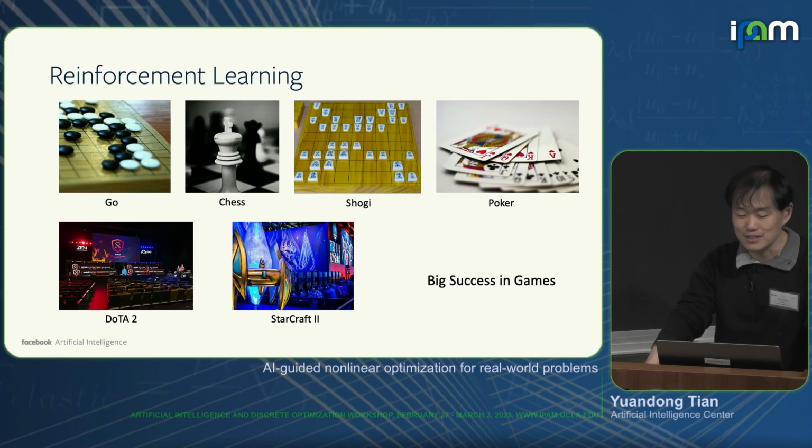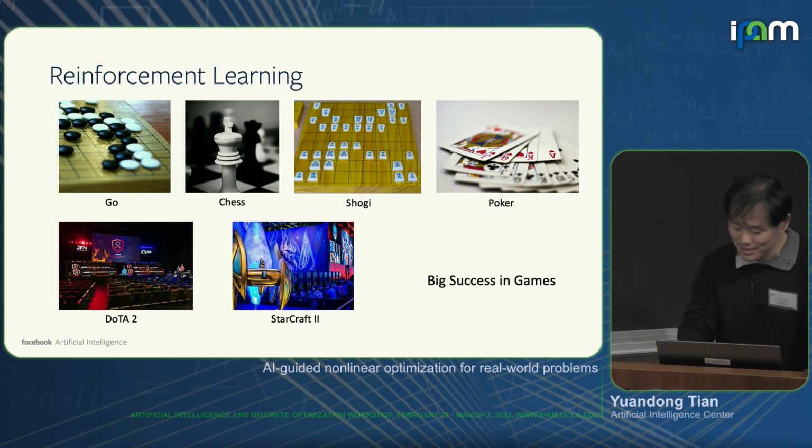So people have already seen a strong success in Go, chess, Shogi, and I think yesterday DeepMind gave a talk on how to apply an AlphaZero kind of approach for AlphaTensor and get interesting solutions.